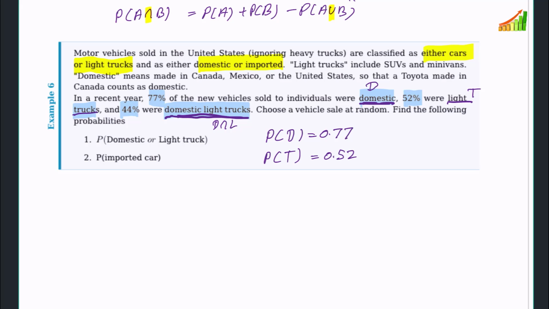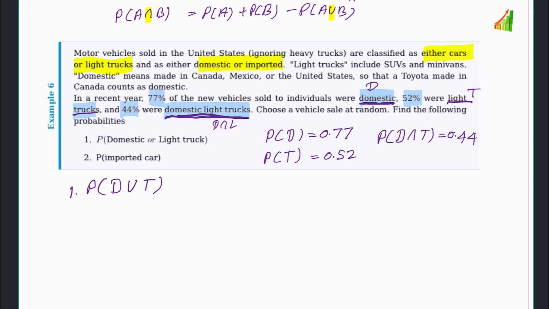Now go to the last part. 44% were domestic light trucks, meaning domestic and light truck, that is 0.44. First one, the probability of domestic or, meaning union, light truck.